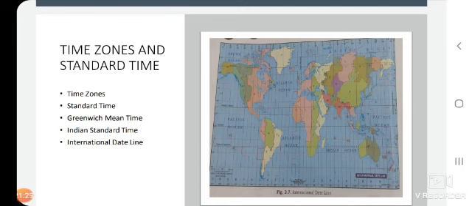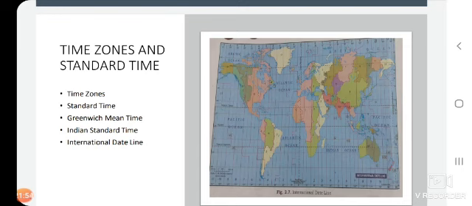So what is the standard meridian? Now let us learn about the standard meridian or the standard time. Children, the uniform time based on the central meridian is known as standard time. The central meridian is nothing but a longitude.